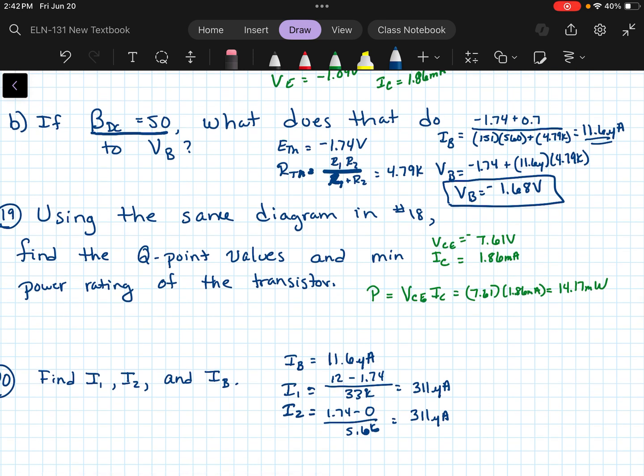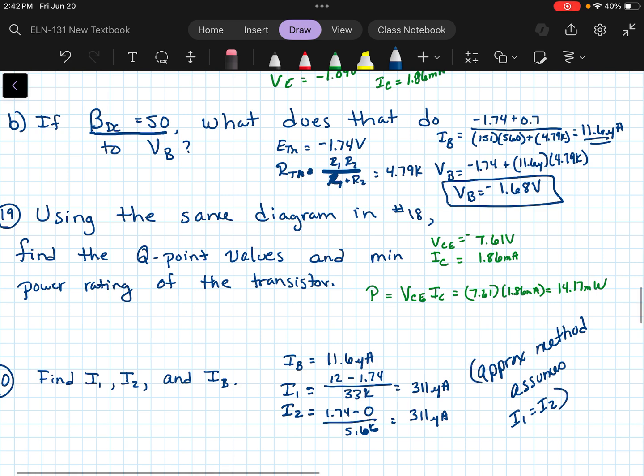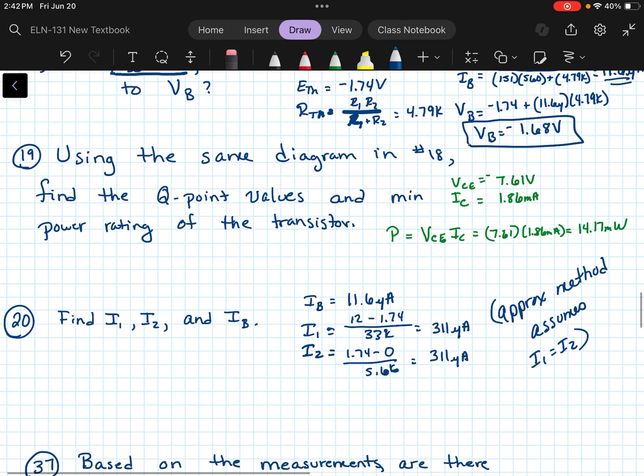But in this case, the approximate method assumes I1 equals I2, and that is what we found out because we used the approximate method. So we're just going to leave it at that.